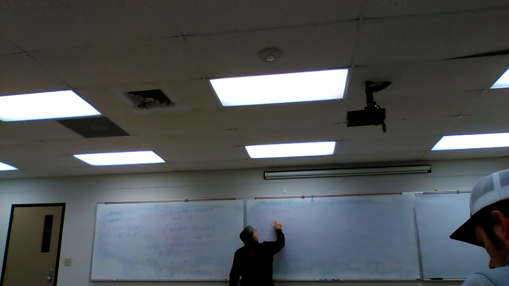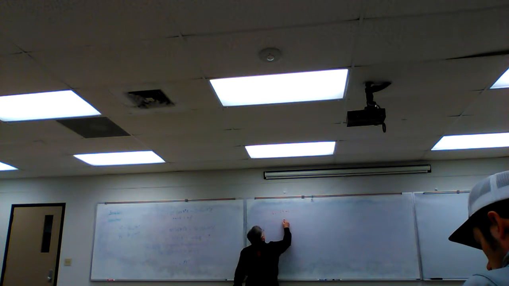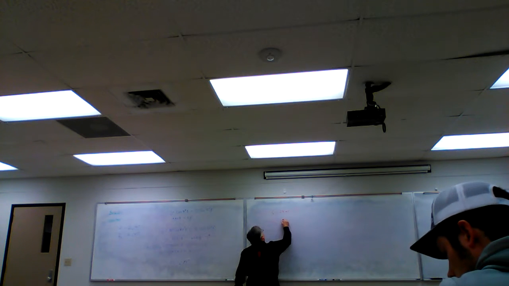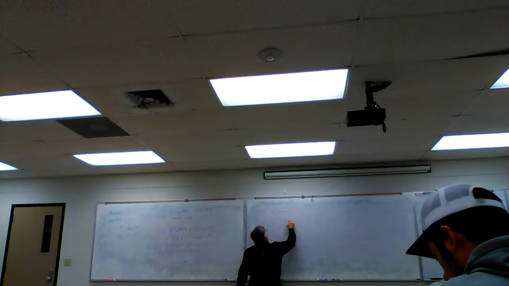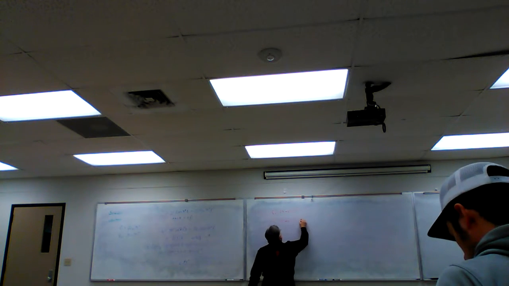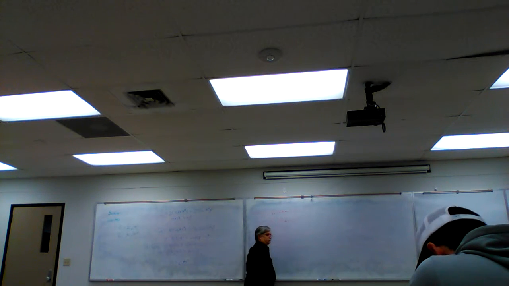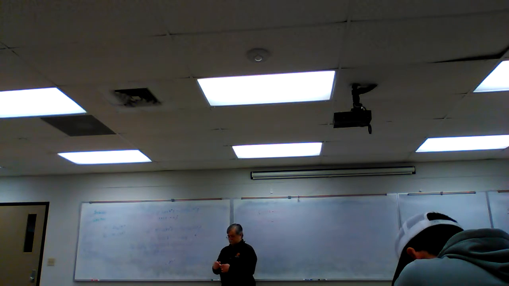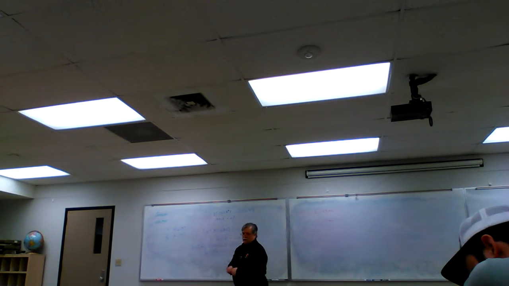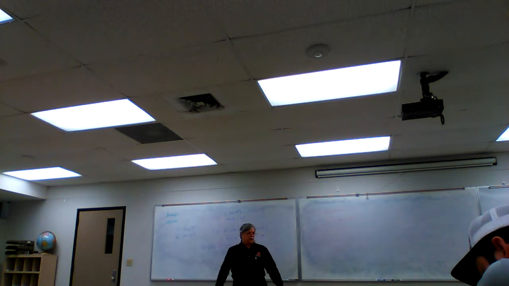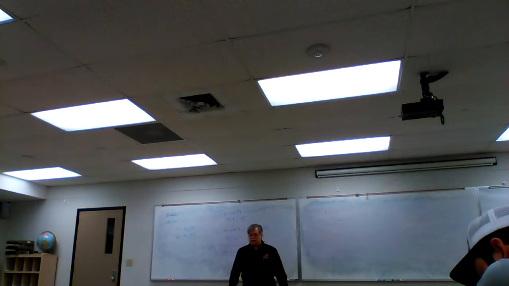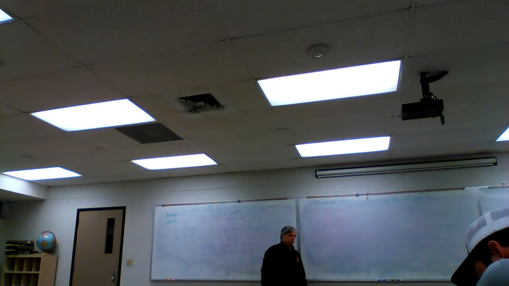And we have another vector, V2, that is 20 meters per second at an angle of beta. What if we take the vector sum of these two vectors?